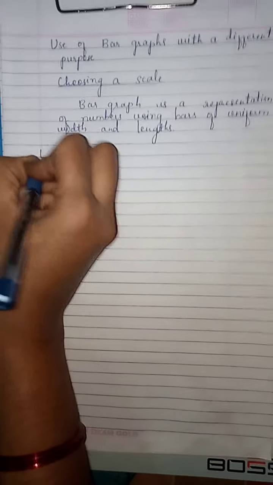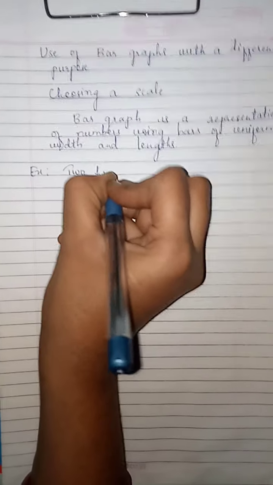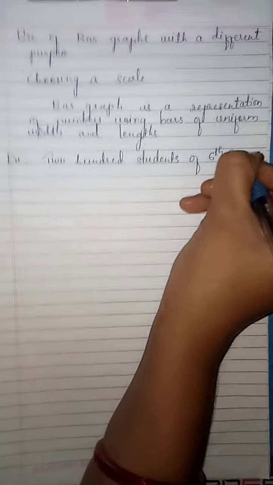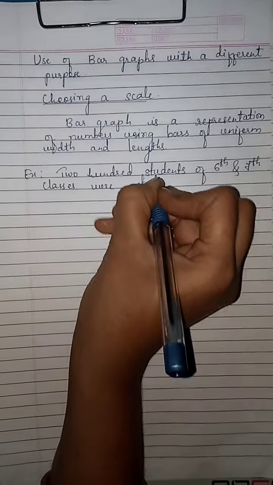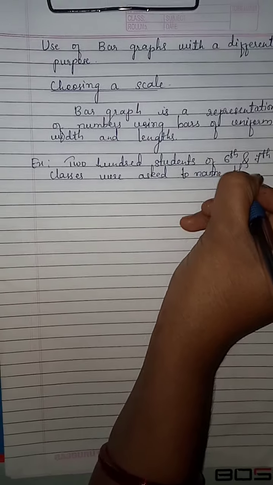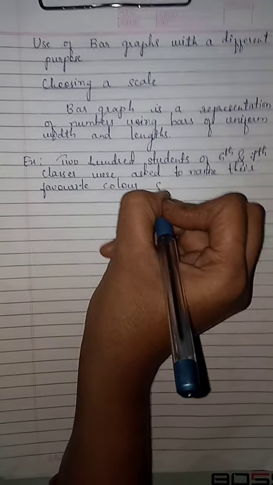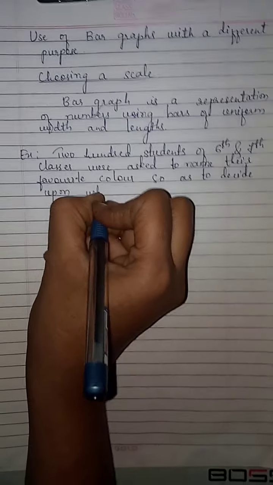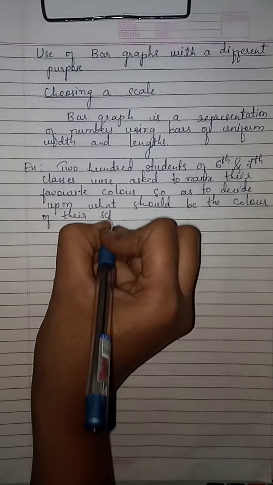Take an example here. 200 students of 6th and 7th classes were asked to name their favorite color so as to decide upon what should be the color of their school building.